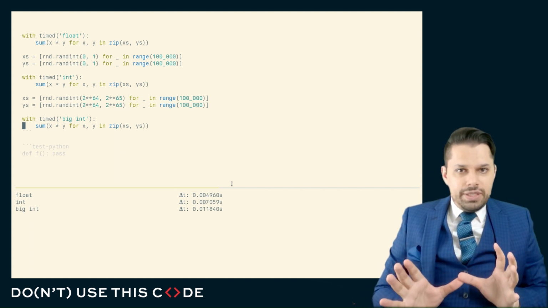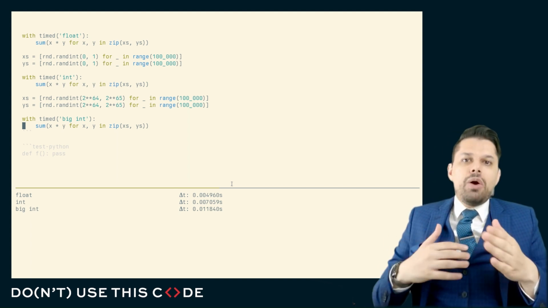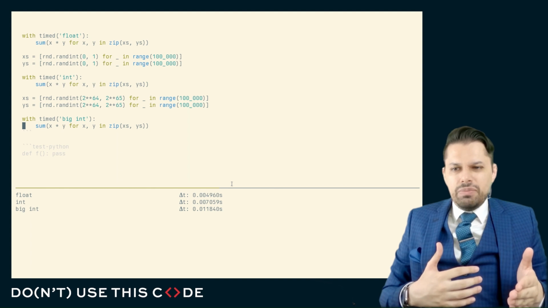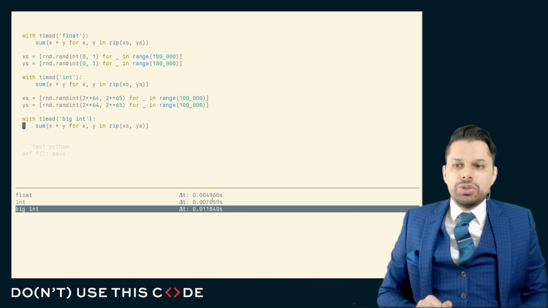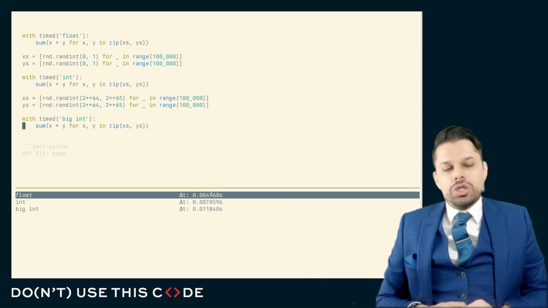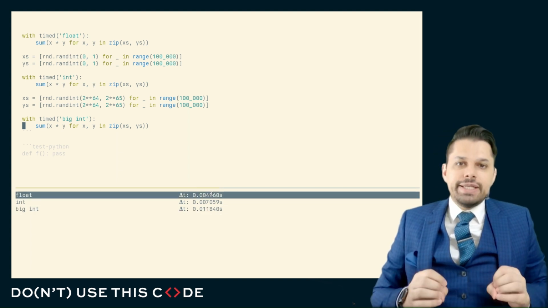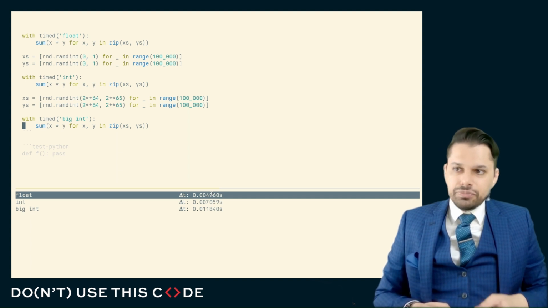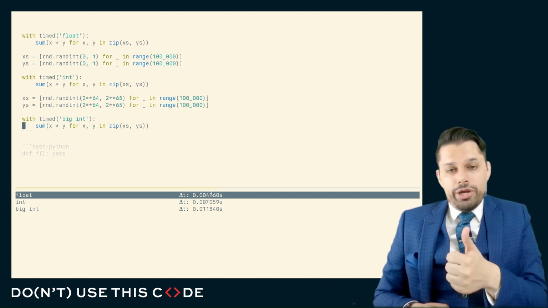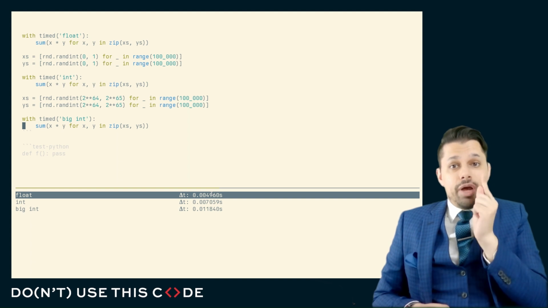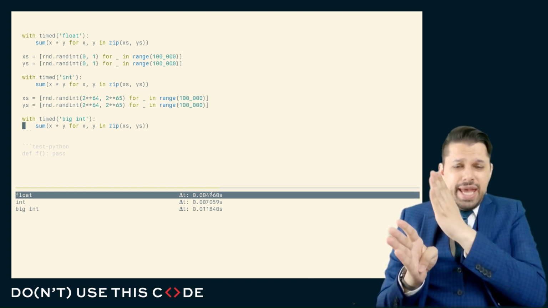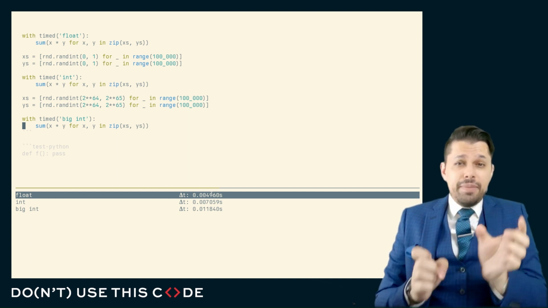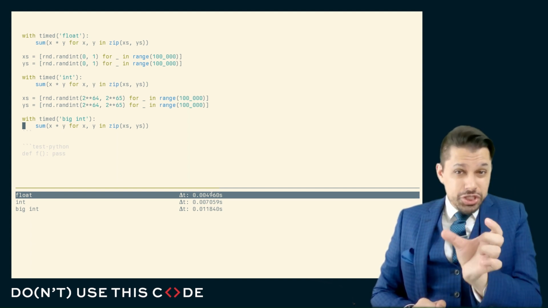Irrespective of how I set up this example and irrespective of how I lay out these elements in memory, it's probably the case that the big integer operation will be a margin slower than the floating point operation, because necessarily we know the following. These integers are greater than the size of one Python digit. You may know that a Python integer is actually a contiguous C array of 32-bit digits.